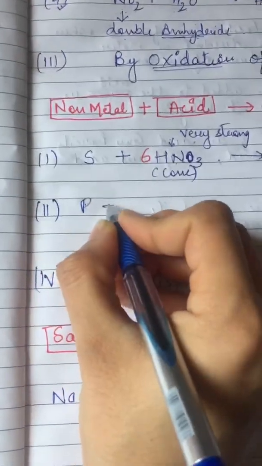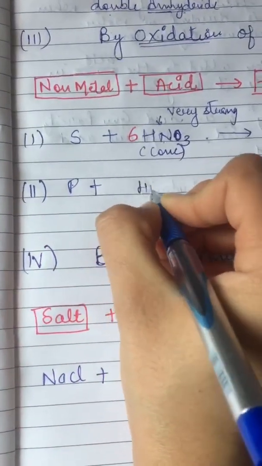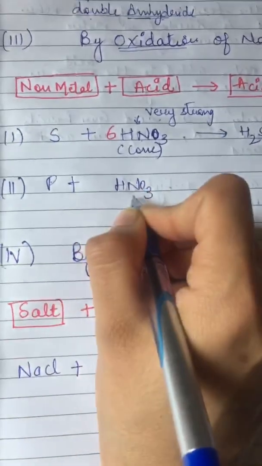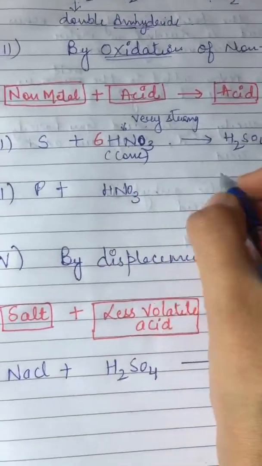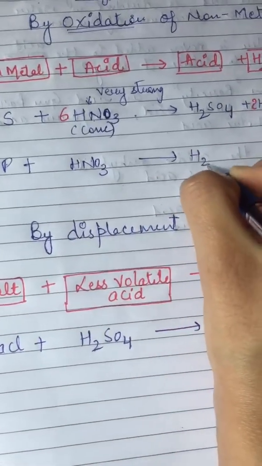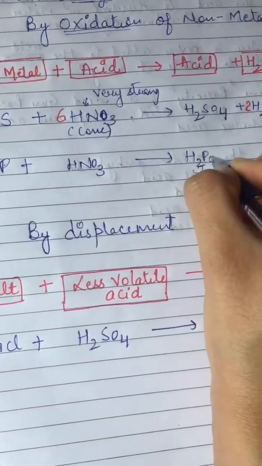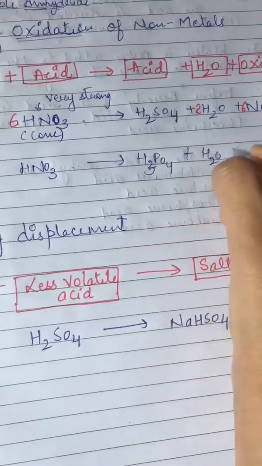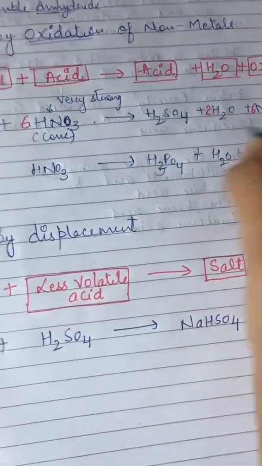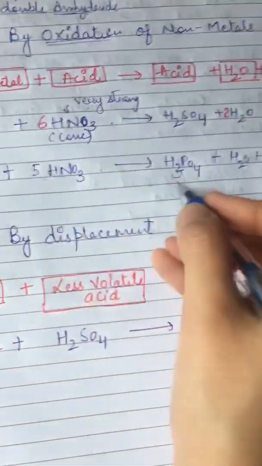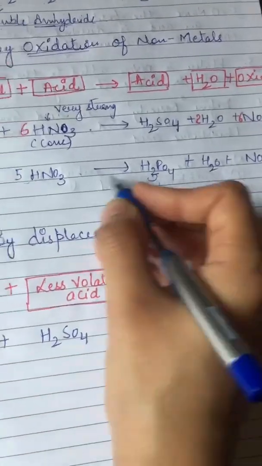Similarly, phosphorus plus HNO3 will give phosphoric acid, H3PO4, plus similarly H2O and nitrogen dioxide, NO2. Balance this equation.